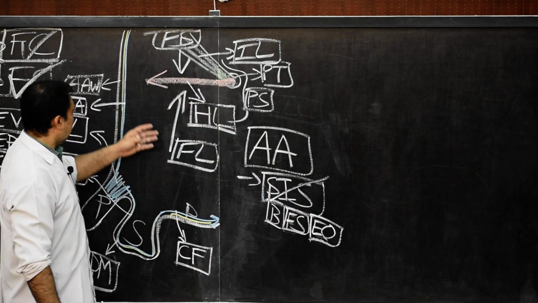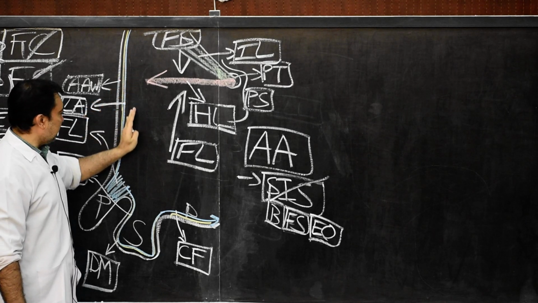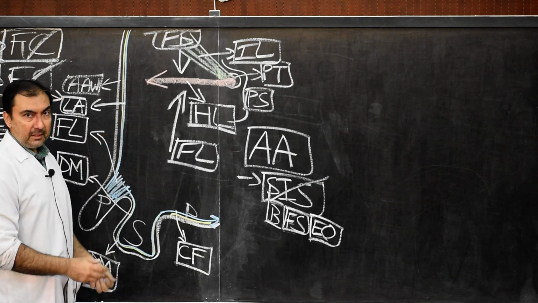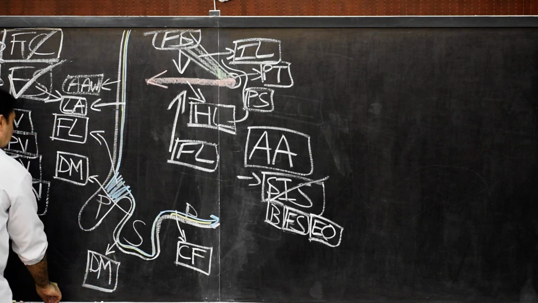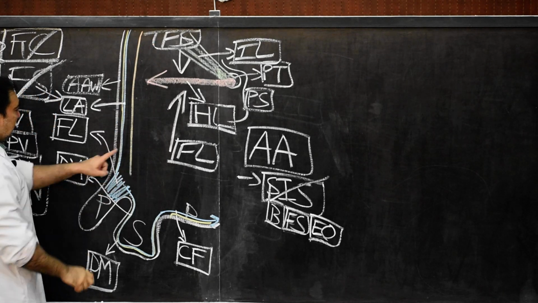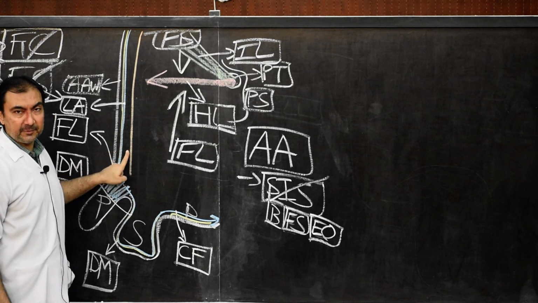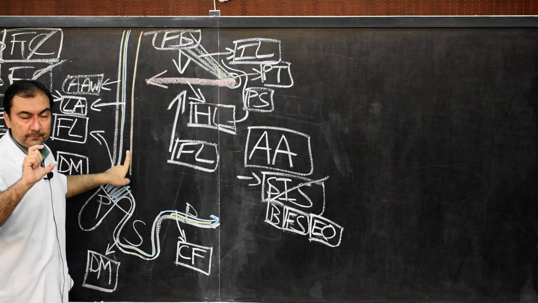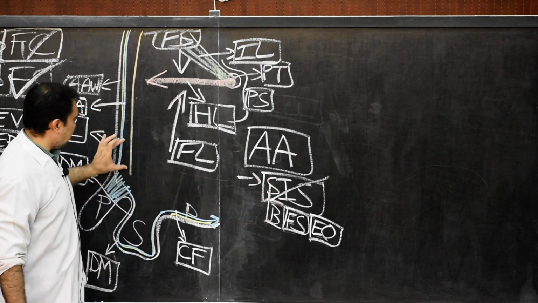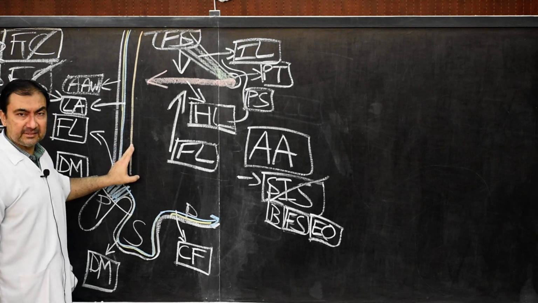If you consider here where my hand is, this space is present just below the fascia of Scarpa, and if I draw here the external oblique aponeurosis, then this space will be known as the superficial inguinal space, and it is present in the anterior abdominal wall. Why is this space important?